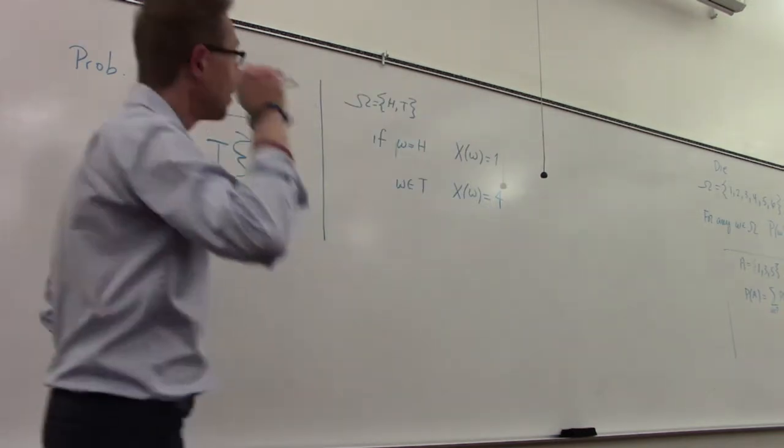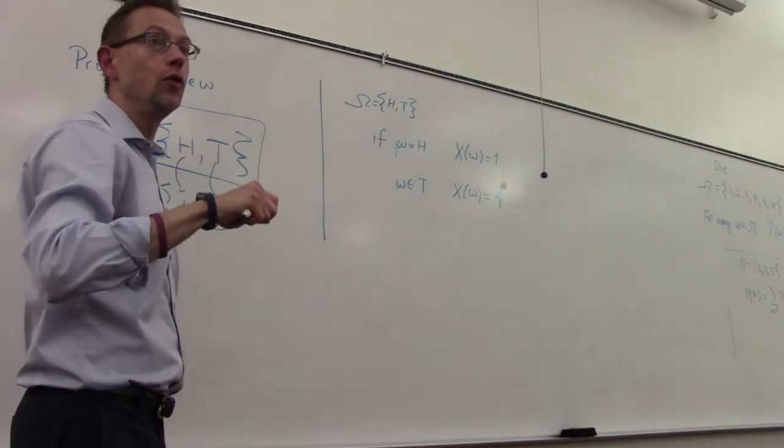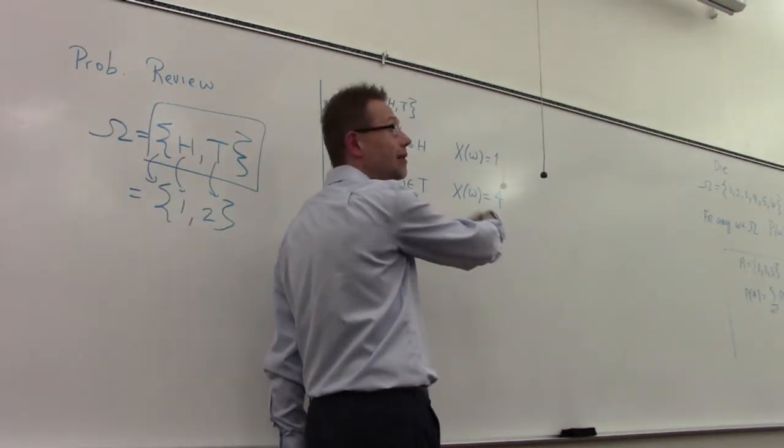This would be an example of a random variable used for, I'm going to say, well, it's 4 to 1. I want tails to be worth 4 points versus 1 point.